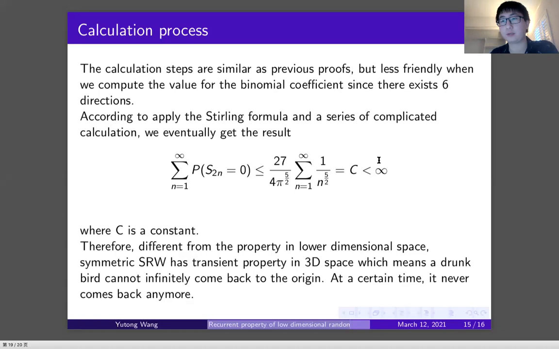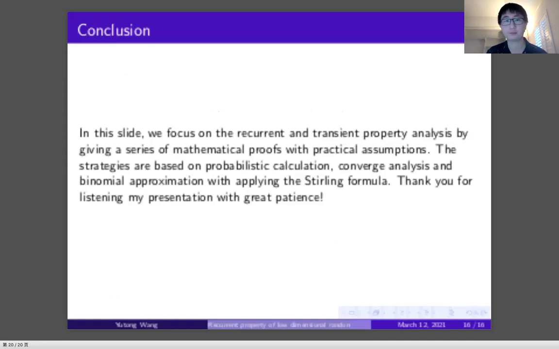So it will eventually converge rather than diverge. So we derive a different conclusion. So we know the 3-dimensional sum converges, which means that a drunk bird cannot infinitely come back to the origin. At a certain time, it never comes back anymore.